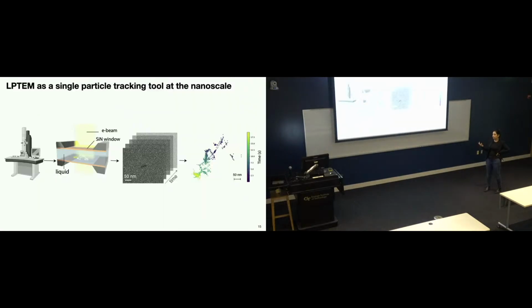What we started to do was to ask: can we develop this technique as a single particle tracking method? We are interested in looking at how these particles interact with their surrounding environment and how they move, and from there infer the material properties of their surrounding environment, characterize it, and engineer it where we want.